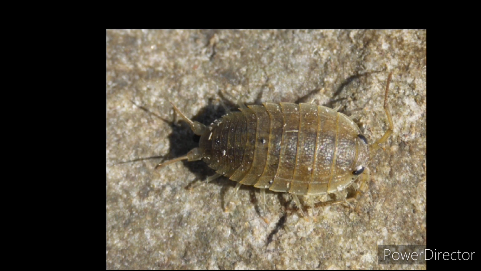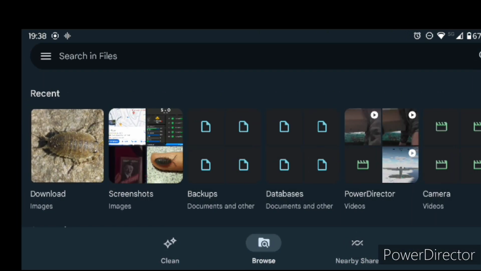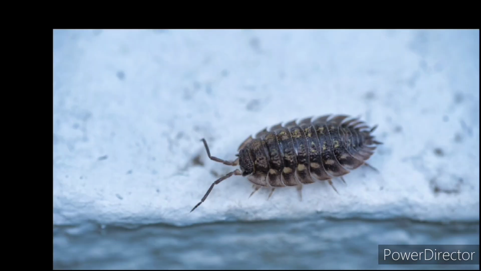As I mentioned before, woodlouse is not a pest, but too much woodlouse can be an issue. A woodlouse infestation can become problematic in certain situations, particularly when their populations are high or when they invade living spaces.